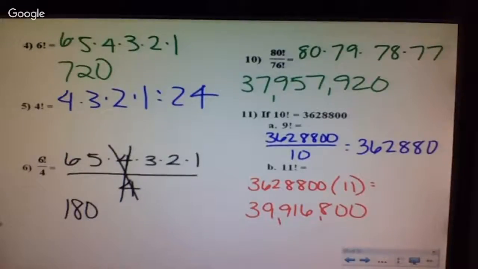I do believe there are 2 problems on your test on Friday with these. I need you to write it out. So if it says 6 factorial, I need 6 times 5 times 4 times 3 times 2 times 1.